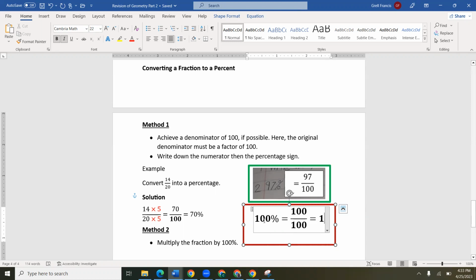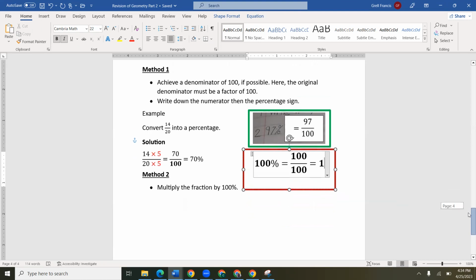Whatever number is there, it could be 99 million%, 99 million over 100. 2,000%, 2,000 over 100. 1%, 1 over 100. 0.5%, 0.5 over 100. 100%, 100 over 100, which is 1. So if you are multiplying the fraction by 100%, you're multiplying the fraction by 1. That means you're not really changing the number, you're just writing it a different way.